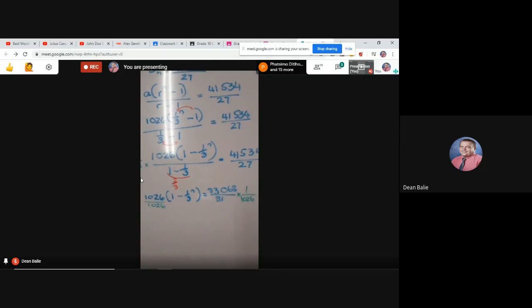If we take that answer and multiply it by 1 over 1026, it looks slightly better. And we've got 1 minus 1/3 to the n. Obviously I don't need the brackets there anymore because there's nothing else associated with it. And that is equal to 2,186 over 2,187.